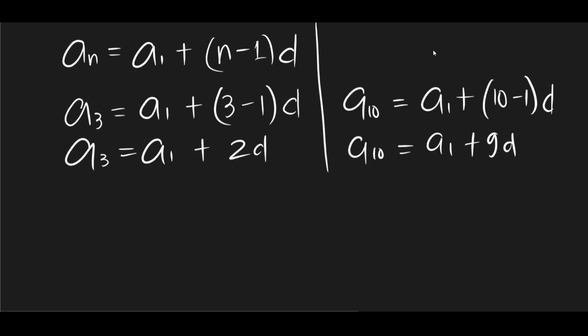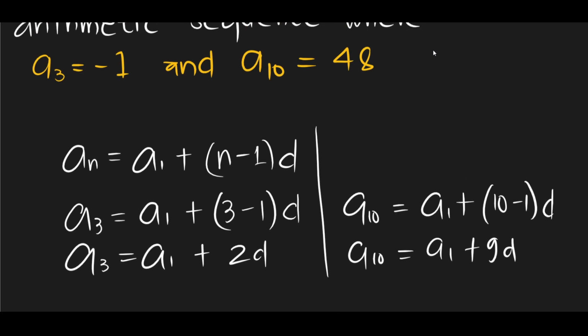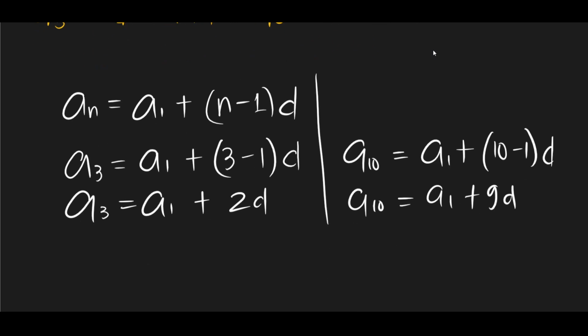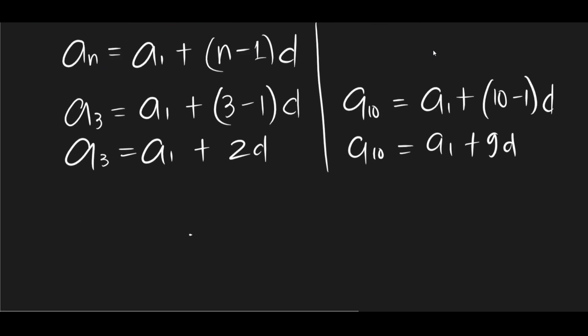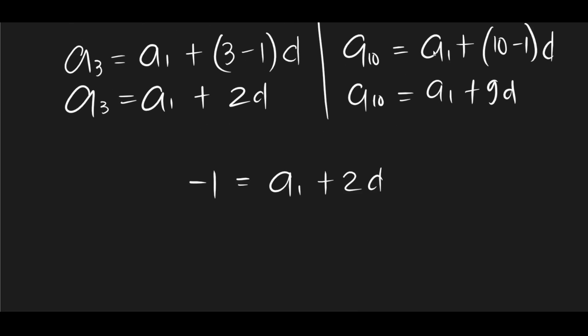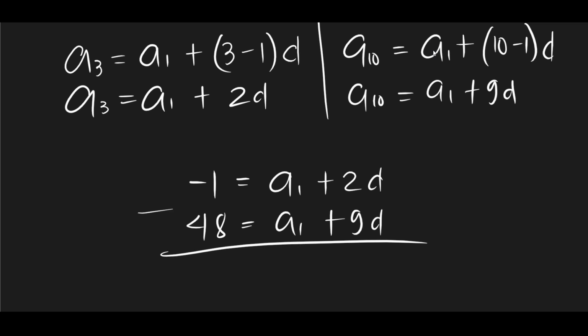Okay, so we can now substitute our given to these equations. So we have first a3 is -1, right? -1 is equal to a1 plus 2d. We also have a10. a10 is 48, right? It is equal to a1 plus 9d. Okay, we can then subtract these two equations.